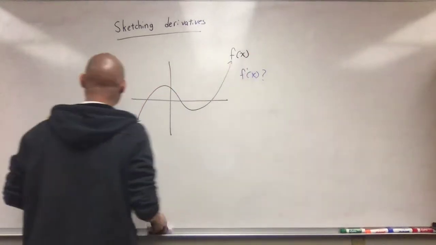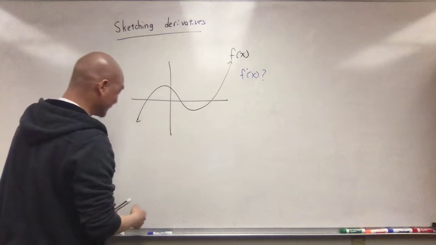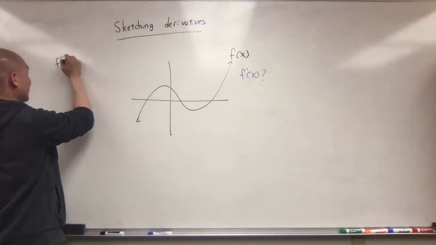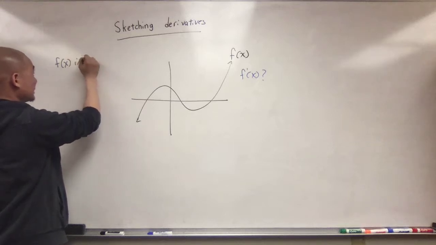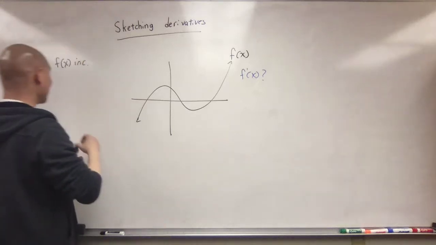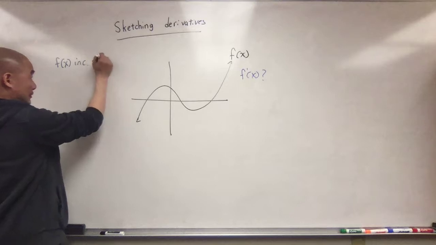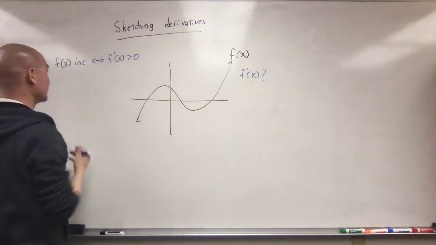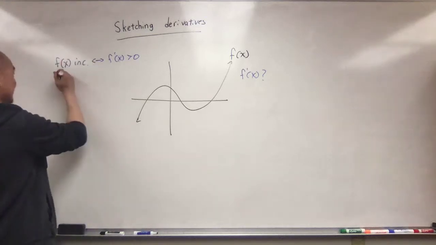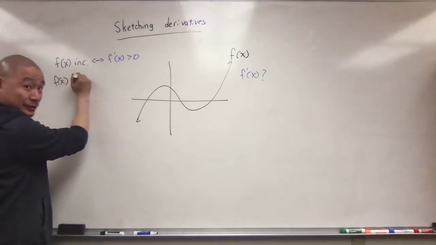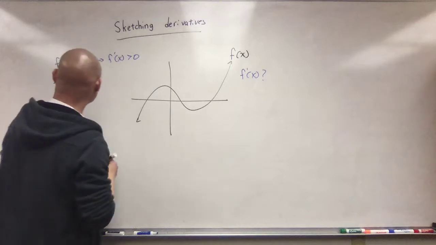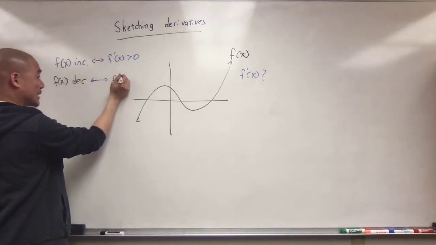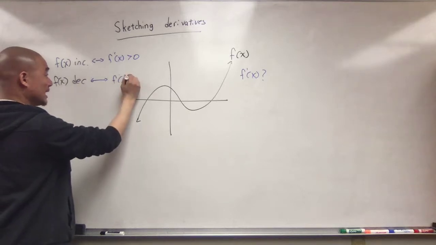And that should be our two maybe main takeaway facts. f of x increasing if and only if, remember the symbol, f prime of x bigger than 0, and then f of x decreasing if and only if f prime of x less than 0.